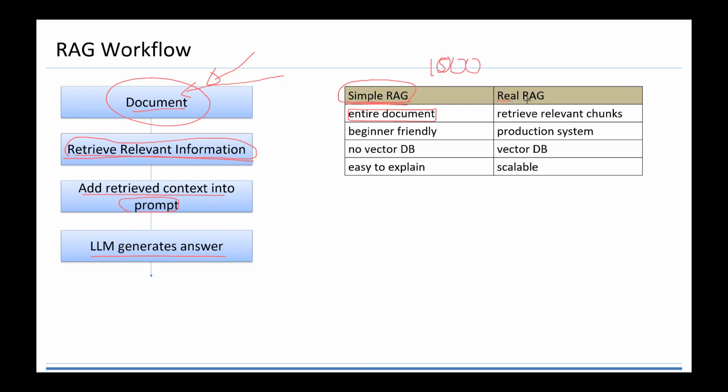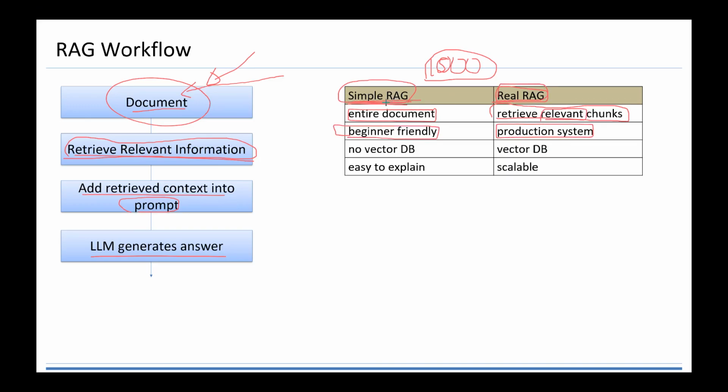In the real RAG, you retrieve just the relevant chunks. If you have 1000 pages, you cut the documents to the relevant section. Simple RAG is very good for beginners. But in the real case, in the real RAG, you need to consider the production system, so you need to cut the documents to fit your prompt.